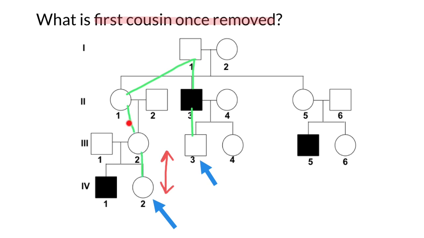So this side is 3 steps, and this one is 2 steps. Again, 1 generation difference. So once removed. And another common shared ancestor here would be your grandmother. And for your cousin once removed, this is going to be great-grandmother.